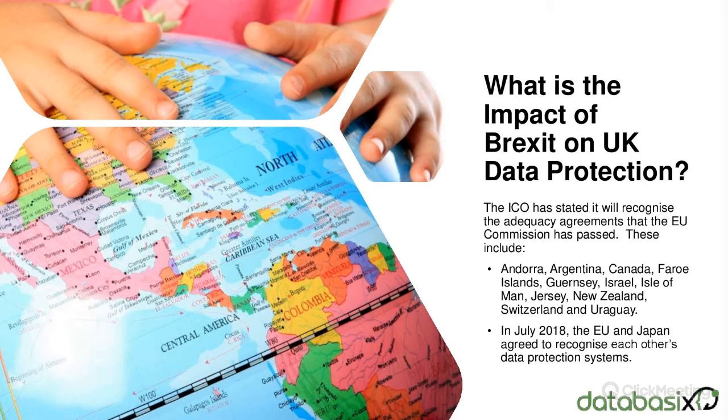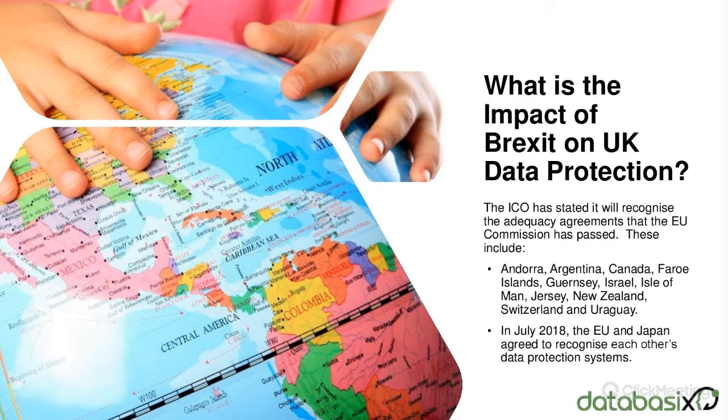One of the questions I had was in relation to this particular point. The UK's Information Commissioner's Office, who is responsible for implementing the GDPR in the UK, has stated that we will recognise any of the European Commission's decisions on adequacy.